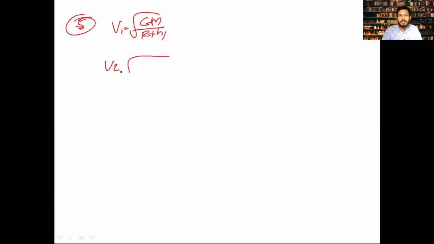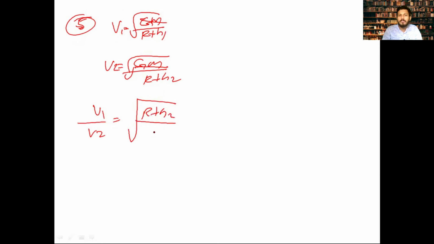V2 for the second satellite is root GM by r plus h2. GM is the same in both, so we have to find the ratio V1 by V2. GM gets cancelled. What will we get? Root of r plus h2 divided by r plus h1.